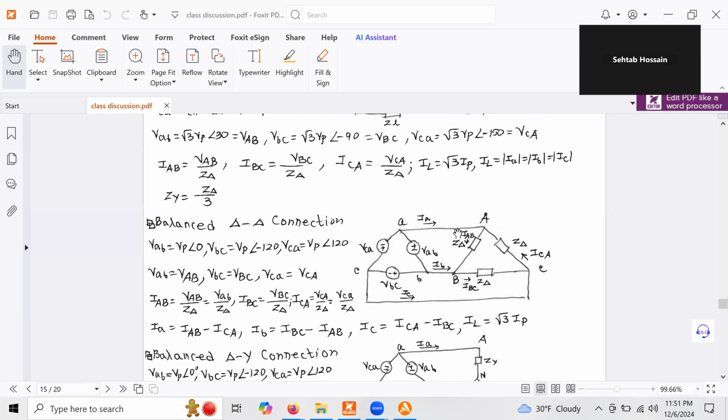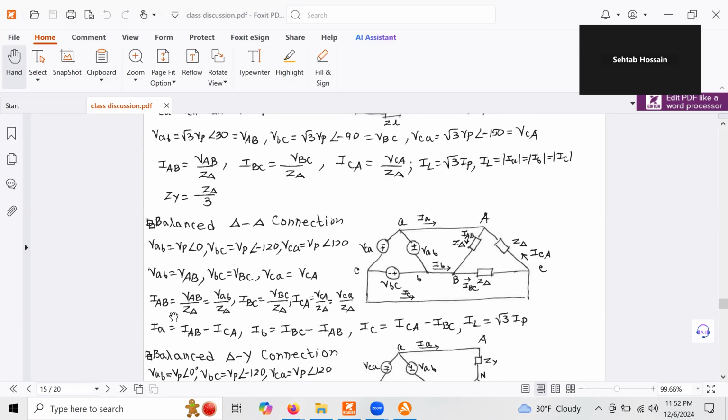This is my output, and this is my input over here. In both cases they should be the same, because of the maximum power transfer theorem, their resistances should be the same and conjugate. As they are balanced, their voltage amplitudes will be the same, and all phases will be in phase. That's why.